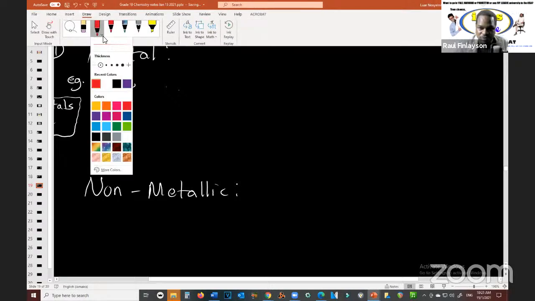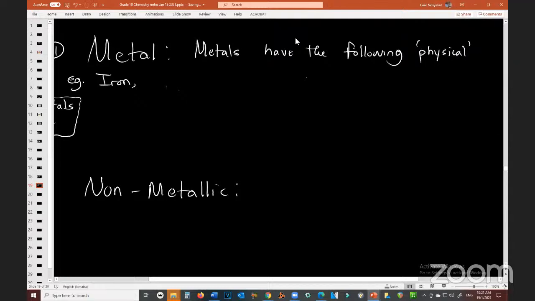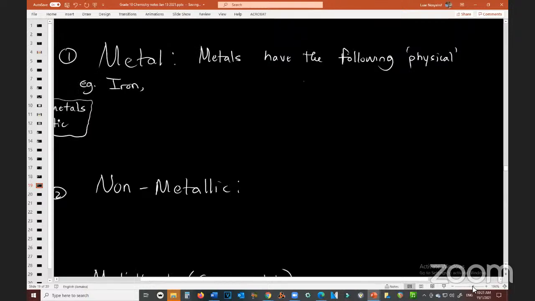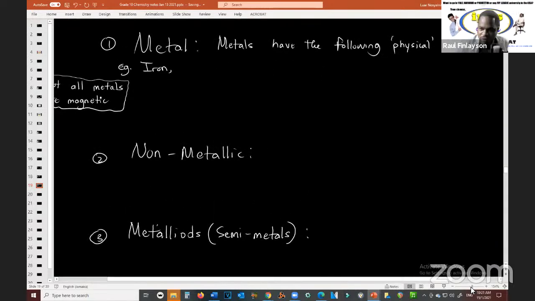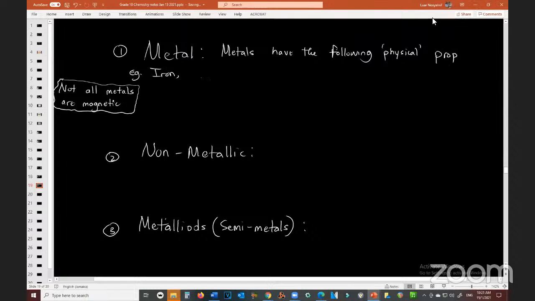Let's use a whiteboard. So metals have the following properties, and you need to make a note of these. Let me just write physical. Physical. Sir, can I zoom out, please? Okay.